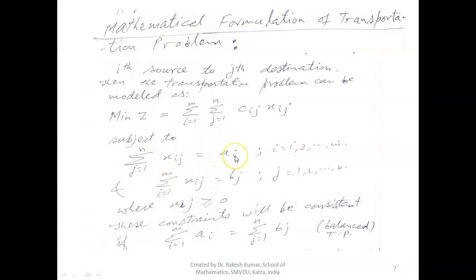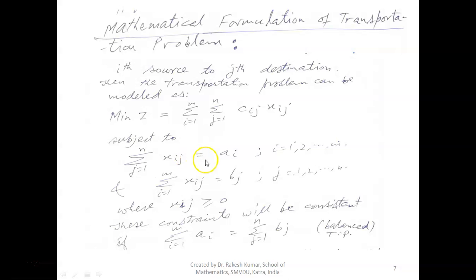For example, if you put i equal to 1, what does this mean? A1 is equal to summation j from 1 to n x1j. Then this sum x1j, j from 1 to n, so x11 plus x12 plus x13 and so on plus x1n is exactly equal to A1.